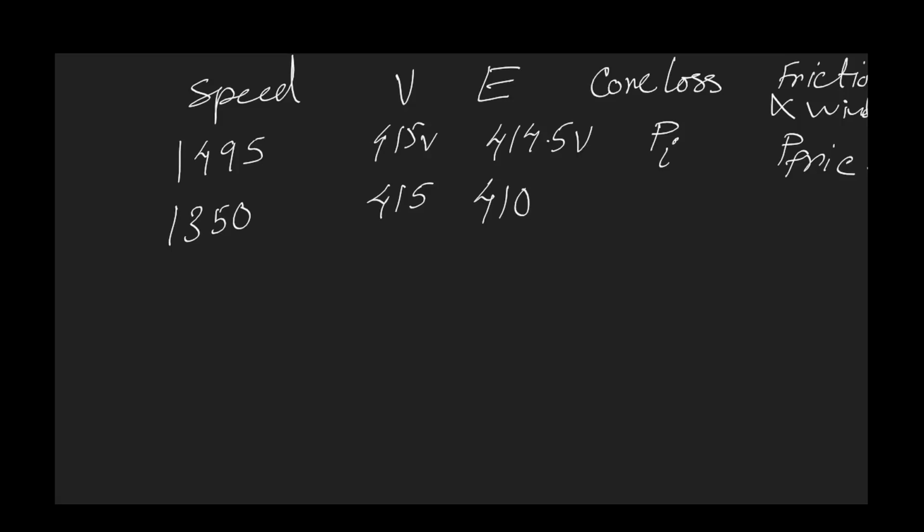We are interested in what happened to the friction loss. Let it be P fric old and here P fric new. It is clear that this will be less than the old value. The value of friction and windage loss at 1350 is always less than the old one.